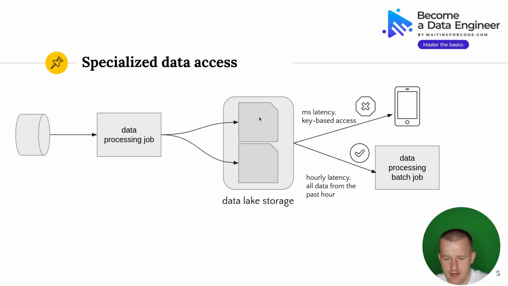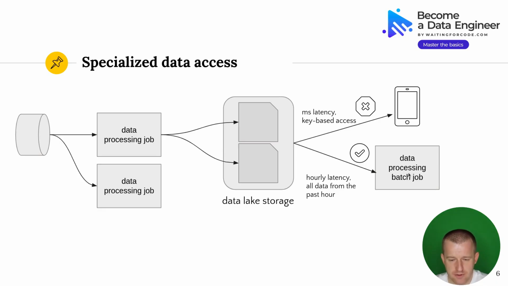So here we can see that having an object store, where the data is stored in big files, doesn't necessarily fulfill these 2 needs. This millisecond latency and key-based access will not be possible, and if it is, naturally it will introduce some overhead that will make this data processing job perform poorer.